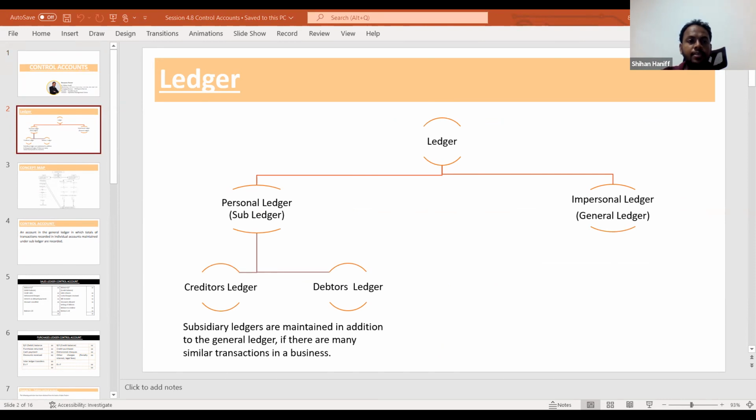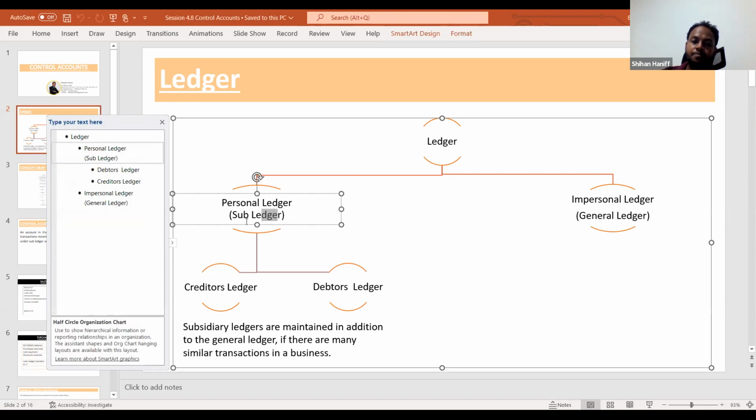As I said earlier, the ledger is divided into two: personal ledger and impersonal ledger. That is, general ledger and sub ledger. A general ledger is where we have all the T accounts. It's a common place. Sub ledger means it is prepared to show separate individual accounts.